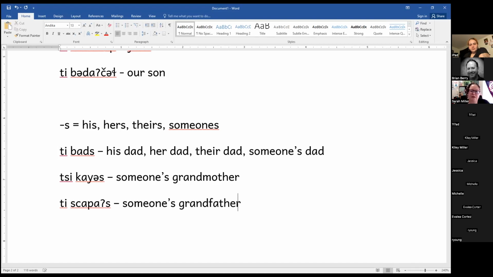So notice you've got that glottal stop that just kind of stops it. Tisapa. And then you're going to say that S. So you're going to have that pause before you say the S. Tisapas. Sikayas. T-bods.